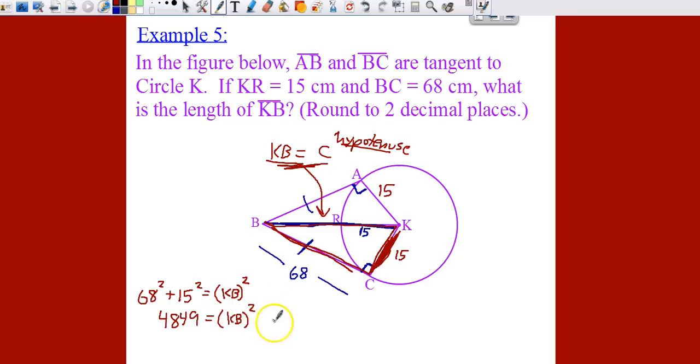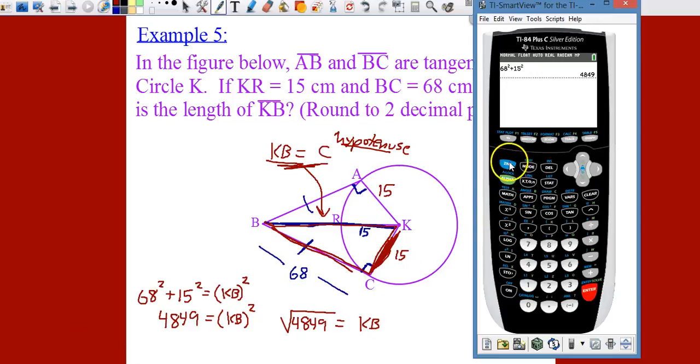Solving for KB, I take the square root of 4849, and we're looking at about 69.63.